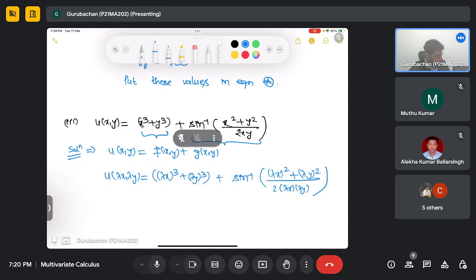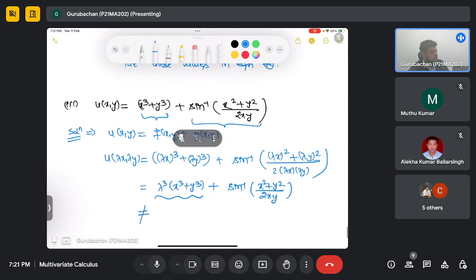So this is a function, so it will give us lambda cube, x cube plus y cube, but the other factor will not give us any lambda outside. So we cannot say that this is some lambda to the power m of u(x,y) for some m.